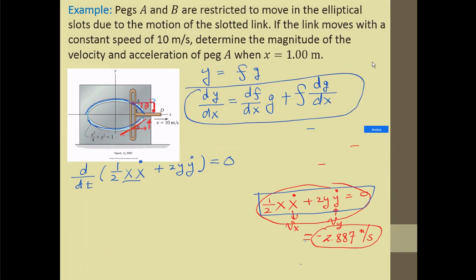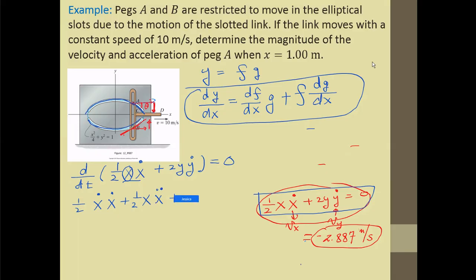Now, 1 over 2 is a constant. The first function is x. The derivative of x with respect to t is x dot, followed by the second function itself, x dot. Plus 1 over 2, the first function itself, x, and the second function's derivative, x double dot.